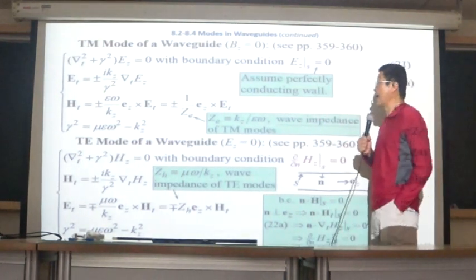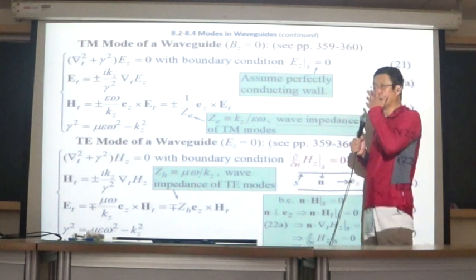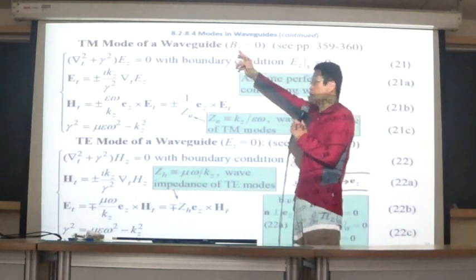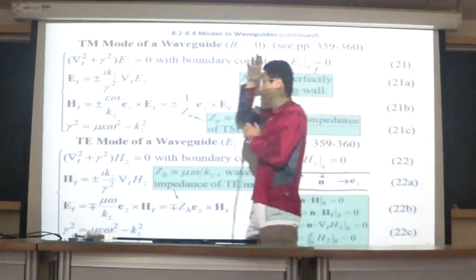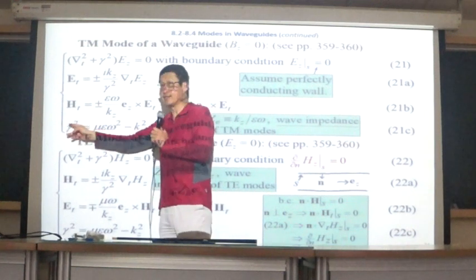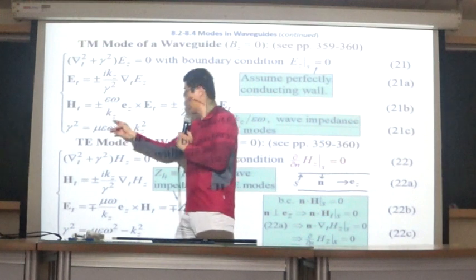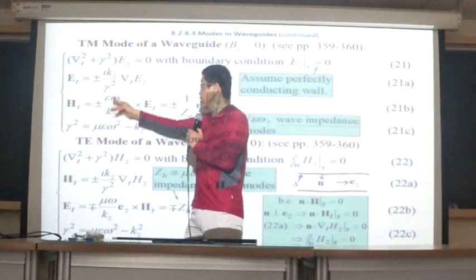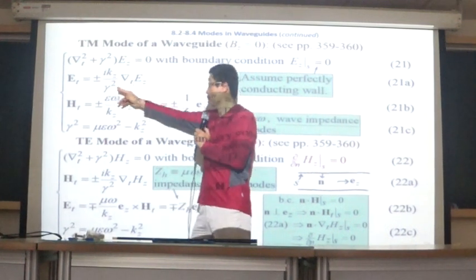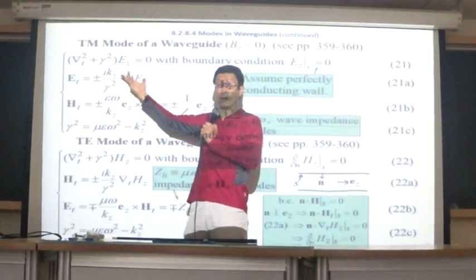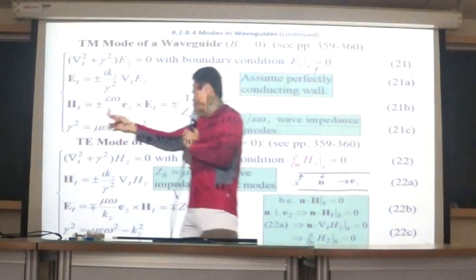For a waveguide, we have TM mode if BZ equals 0. And so if BZ equals 0, we can simplify the notation into gamma squared equals this one. So transverse E equals this one. Simple, right? And transverse H becomes this one.